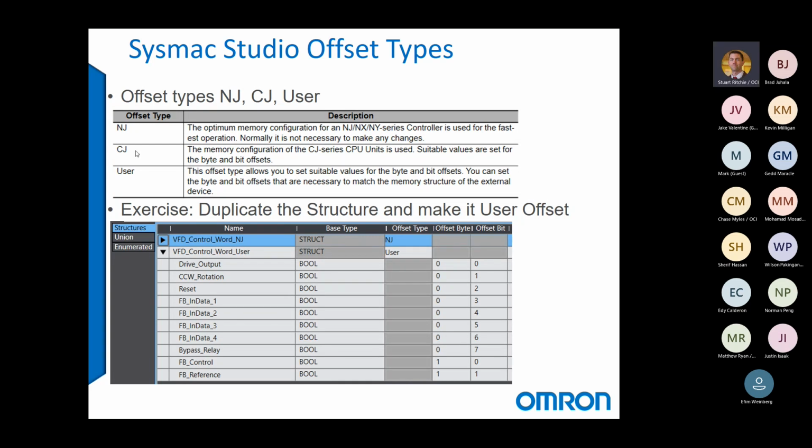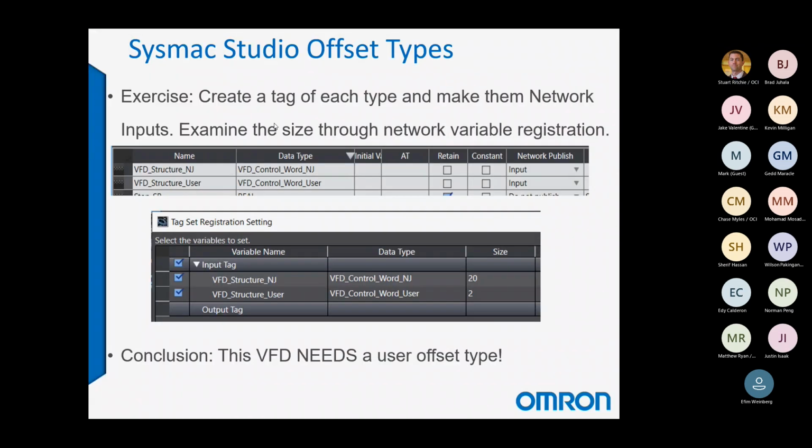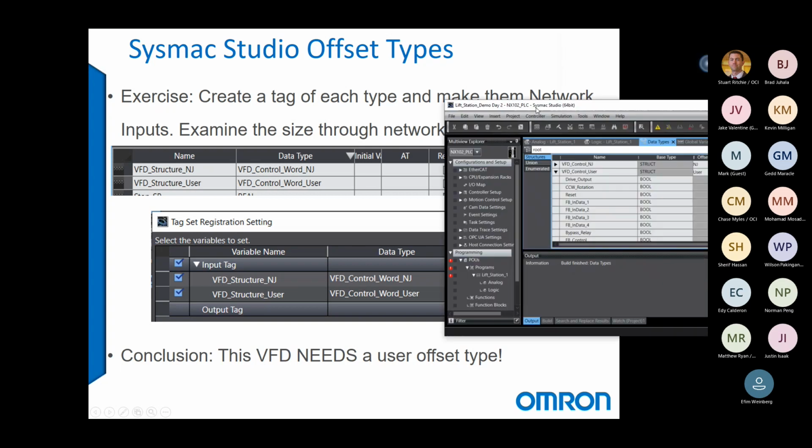Okay, so now we're going to do a little exercise to examine exactly what that offset type does to your data. So I'll get everyone to go to their global variables and create a variable of each type, the NJ offset and the user offset.